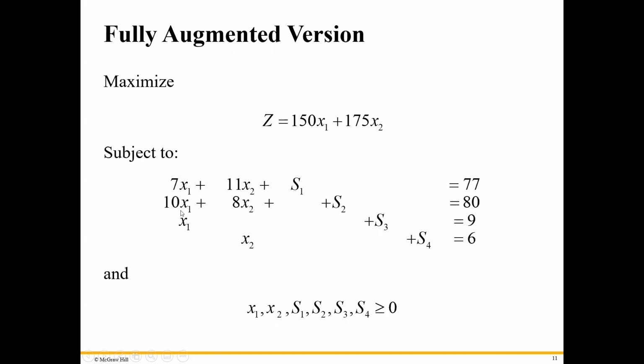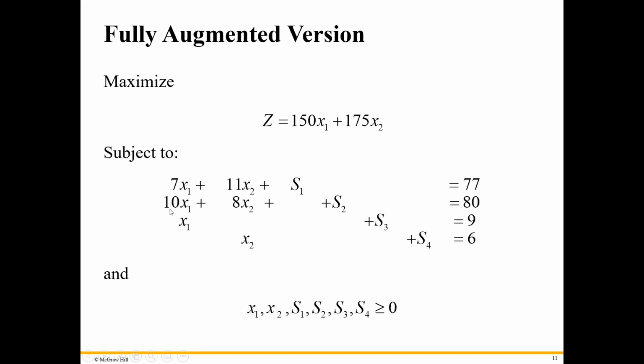Similarly, the second constraint was the time constraint. The total time which can be spent in this plant per week is 80 hours. The condition was 10x1 plus 8x2.